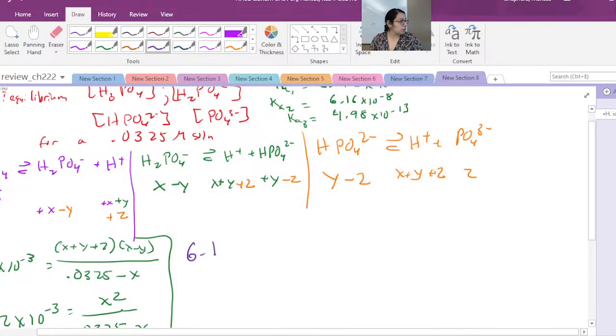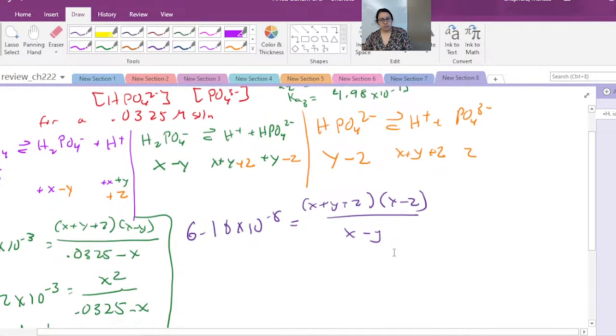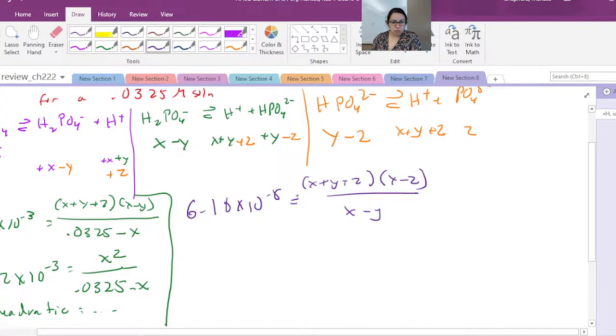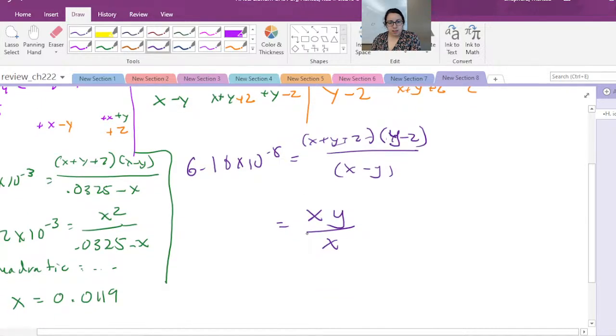So then 6.16 times 10 to the negative 8th is equal to, same thing, x plus y plus z times y minus z over x minus y. This is again where you simplify, so we can get rid of the z and the y factor, and then this just simplifies to x as well, so ignoring that. So now you have x times y over x. And so now we can just say y is equal to our equilibrium constant.